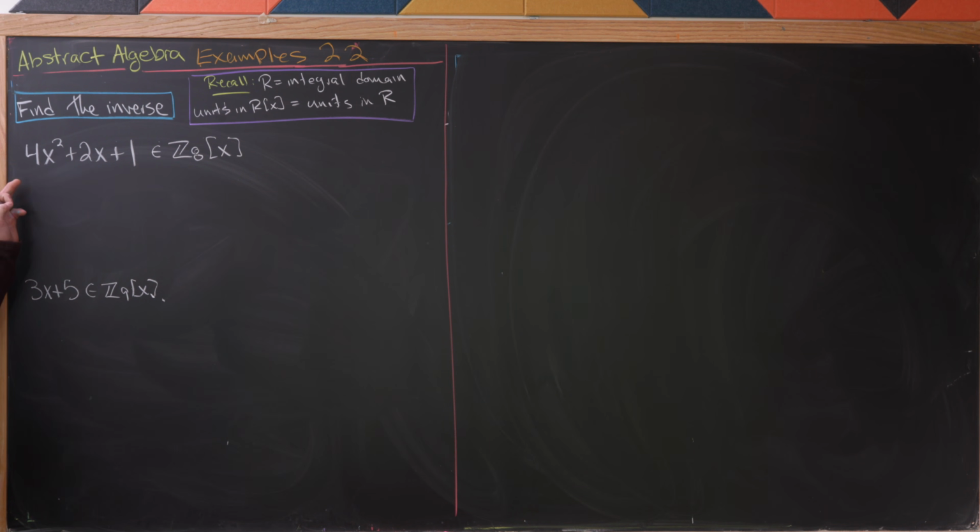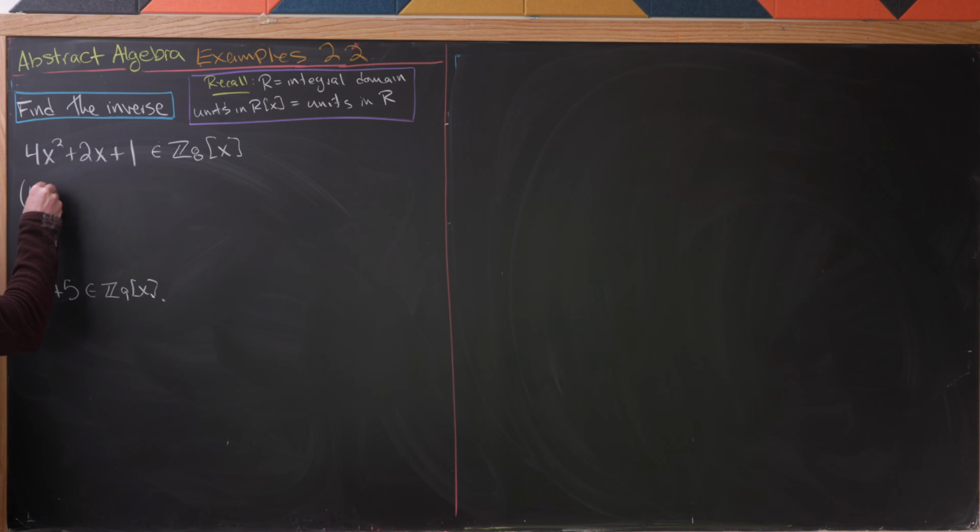So let's find the inverse of 4x squared plus 2x plus 1 inside of Z8 adjoin x. Okay, so let's see how this will go. Our strategy will be to guess the format of an inverse and then use that to develop a system of equations.